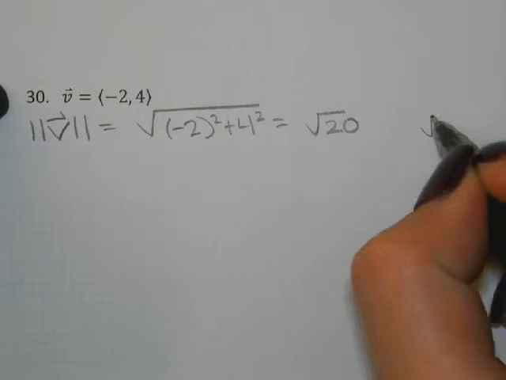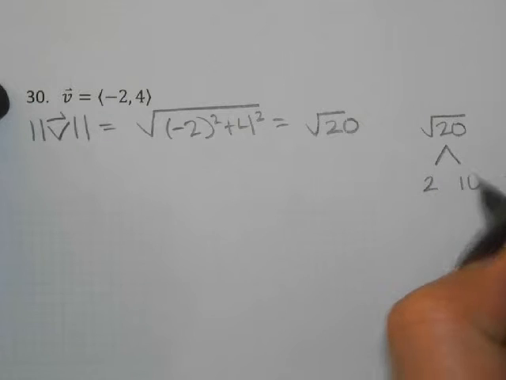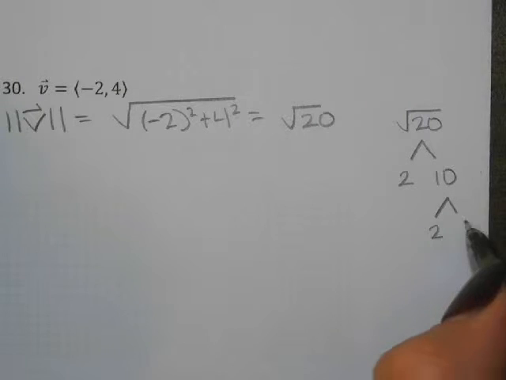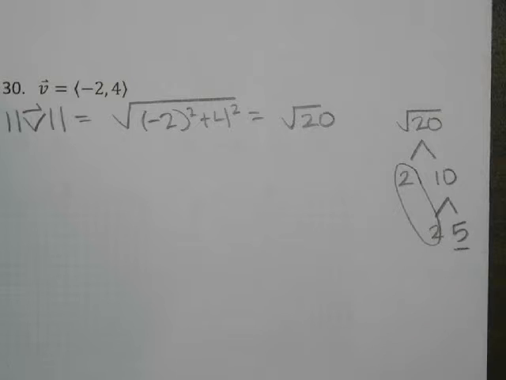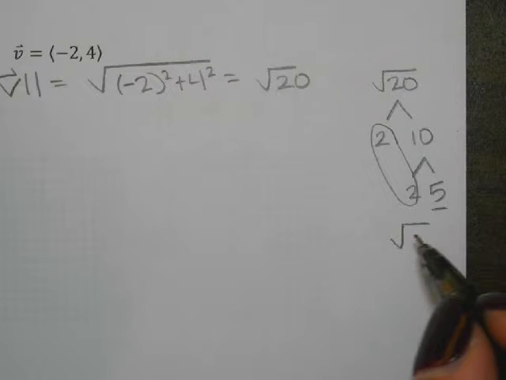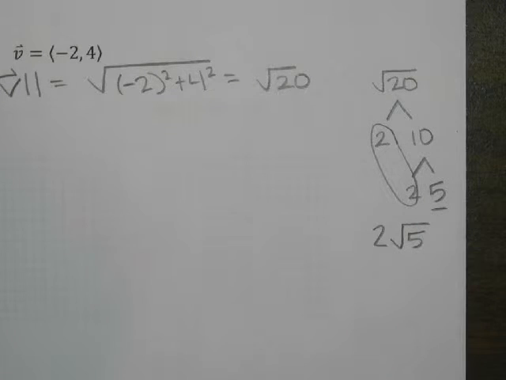So if we were to think about 20 being simplified, that's 2 times 10, right? And then 10 is 2 times 5. So we have a pair of 2's and a leftover 5. And so how do we write this? 2 outside, 5 inside. So 2 square roots of 5.